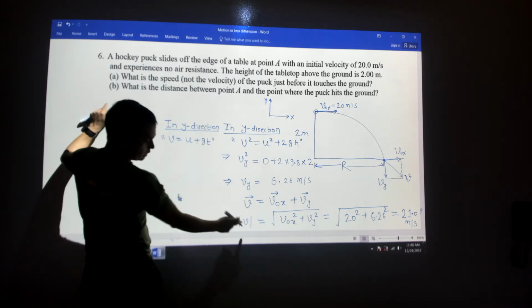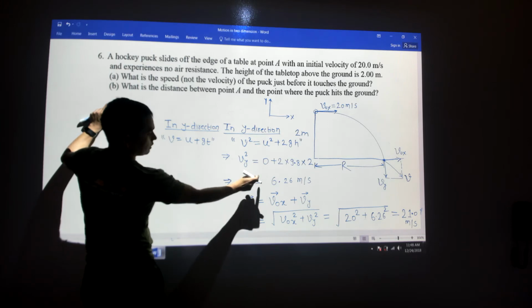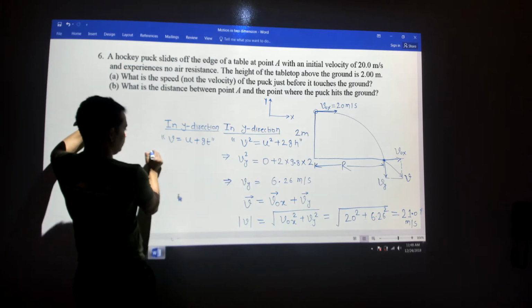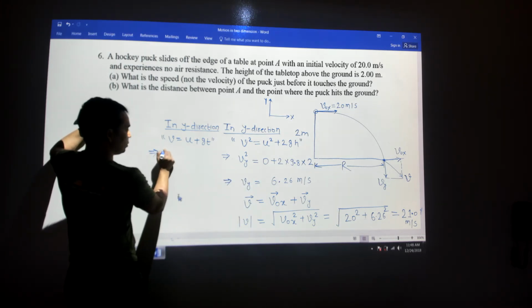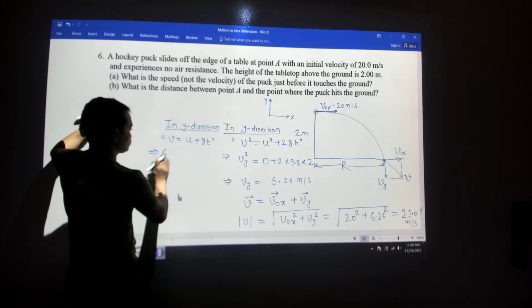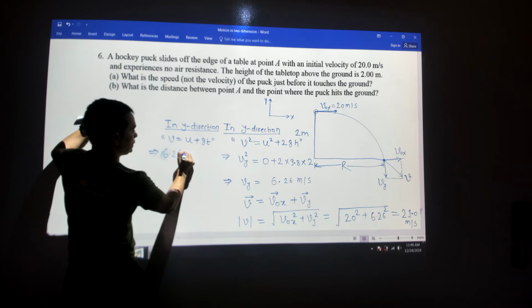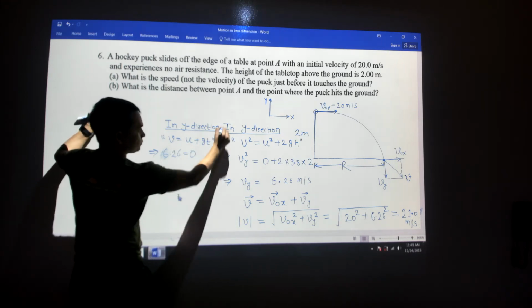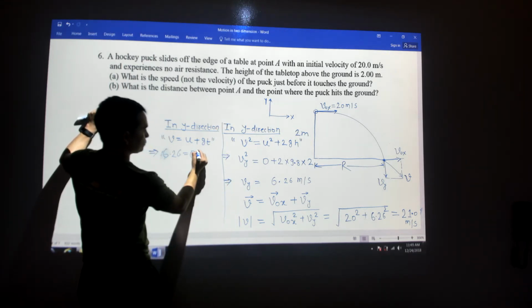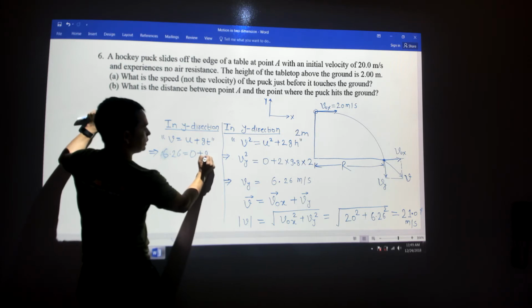We know the final velocity along the y direction, which is 6.26. The initial velocity is 0, plus g times t.